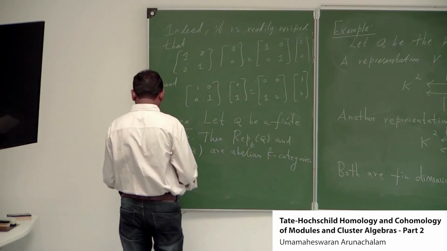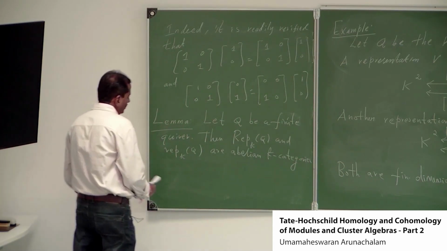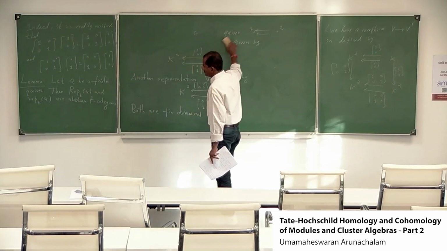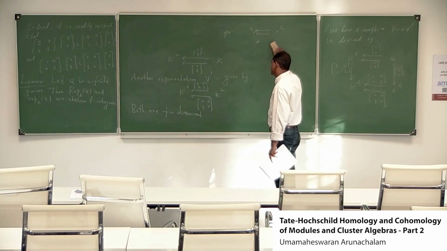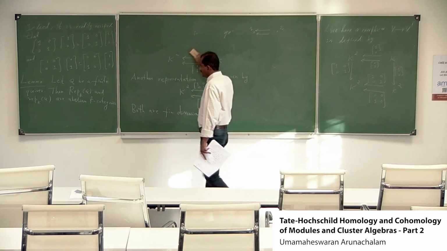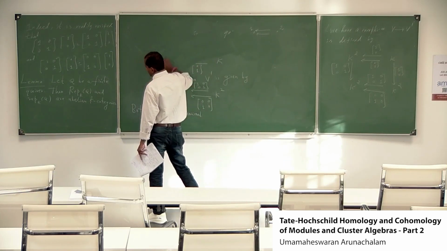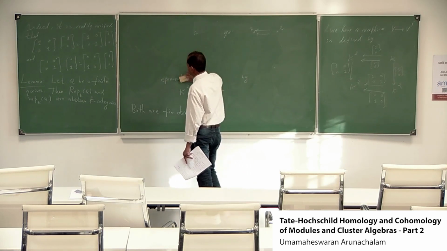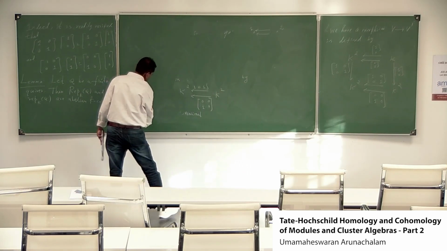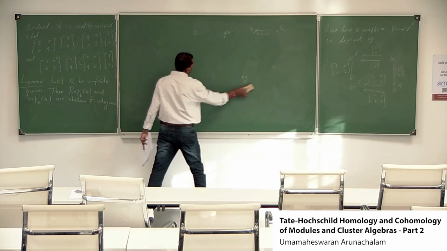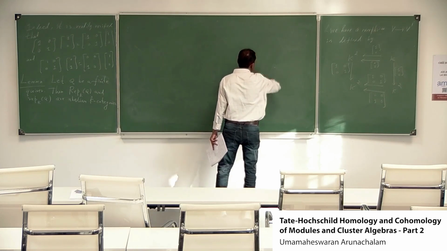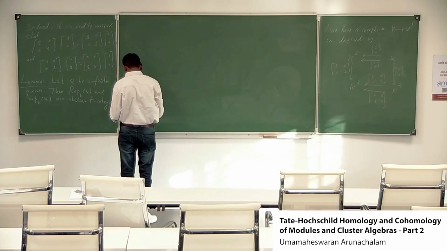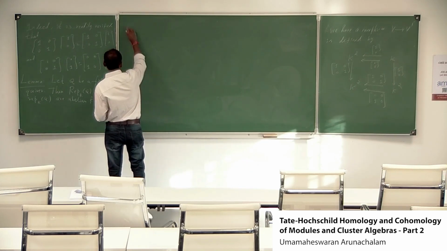From morphisms and composition, first we are defining the category of representations and its full subcategory, and these two are abelian categories. From this lemma we get that these two categories are abelian categories. So next lemma.